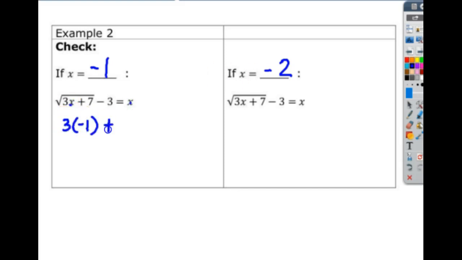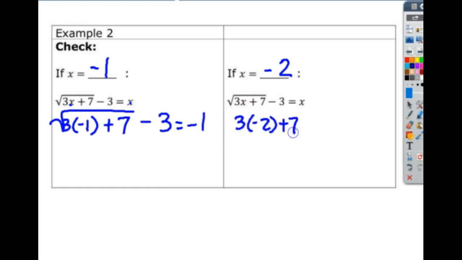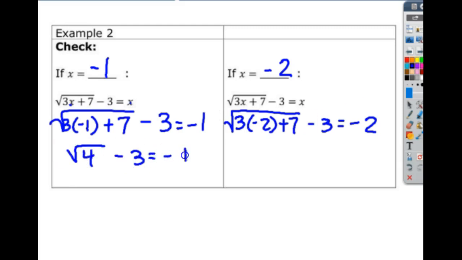So that's 3 times -1 plus 7, subtract 3 equals -1. 3 times -2 plus 7 minus 3 equals -2. Under the radical sign, that would be -3 plus 7, so that would be a 4 minus 3 equals -1.